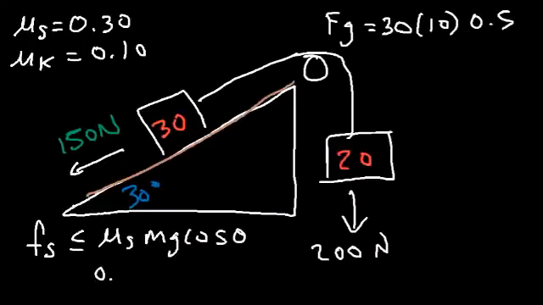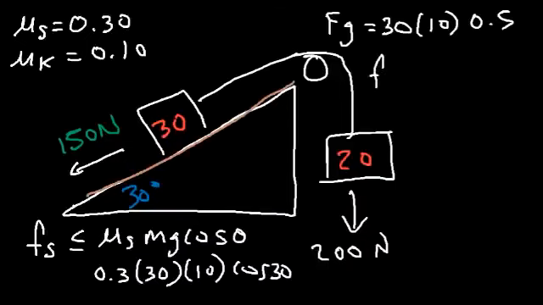So mu s is 0.30. The mass is the 30-kilogram block that's on the incline. g is 10 times cosine 30. So 30 times 10 is 300 times cosine 30, that's 259.8, times 0.3. So F of s is less than or equal to 77.9.